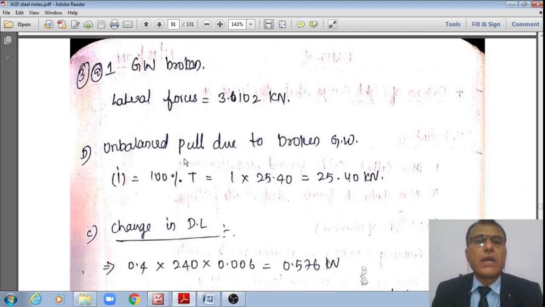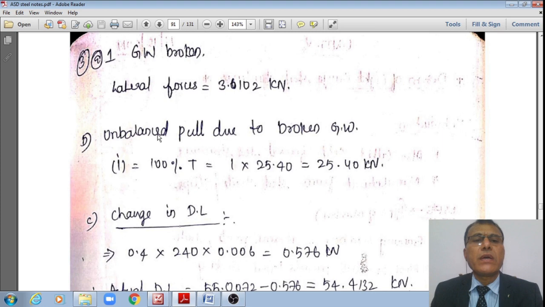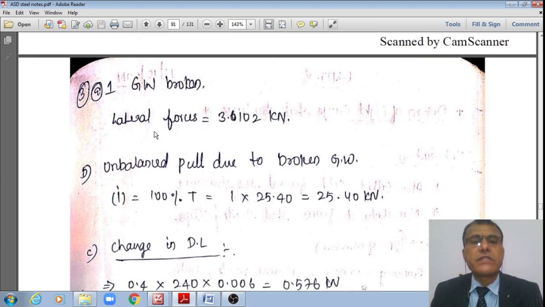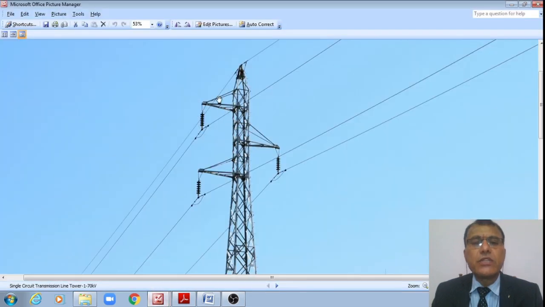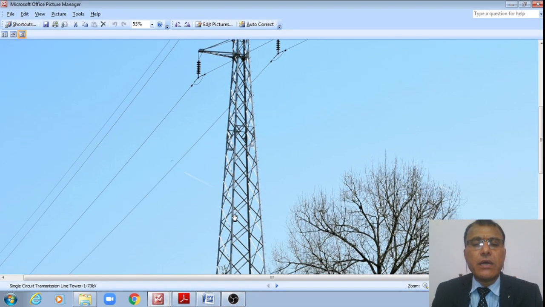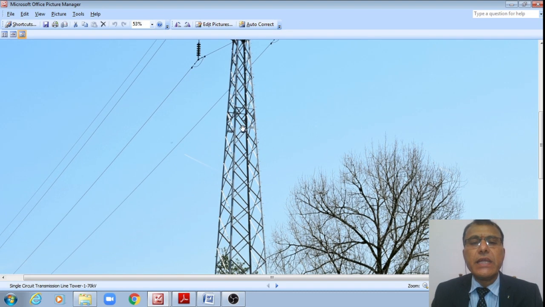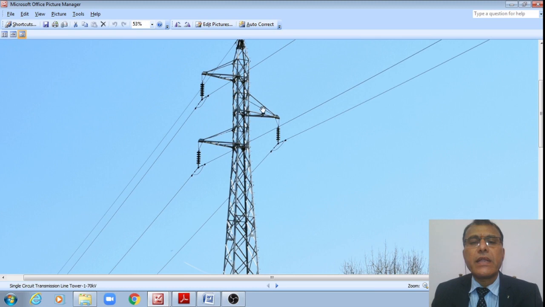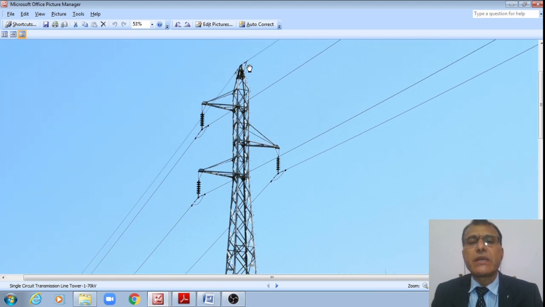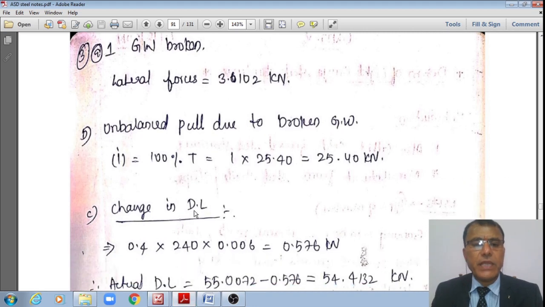Whereas the third condition is that the topmost ground wire is broken. The topmost ground wire is broken. Therefore, till the point GG, there is no change in force. Till point GG, there is no change in force. Means the forces at B, C, D, E, F, G. Now only at H, there is a change in force only at the H level, right?